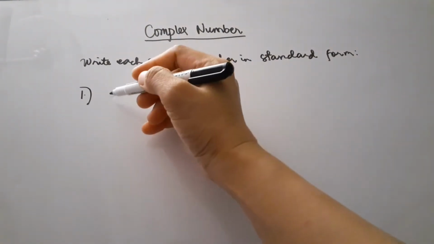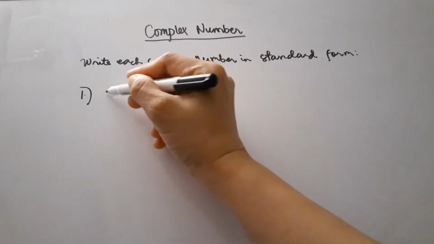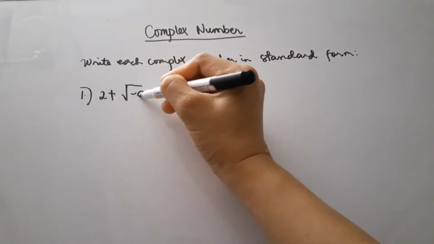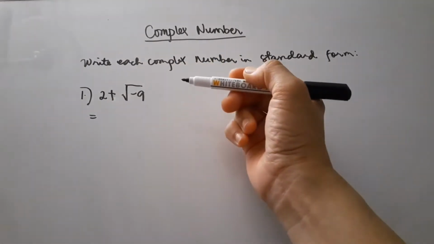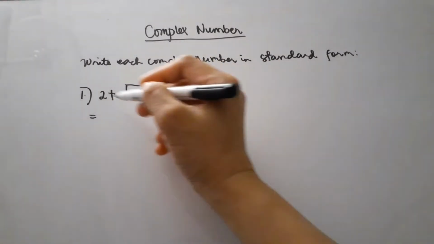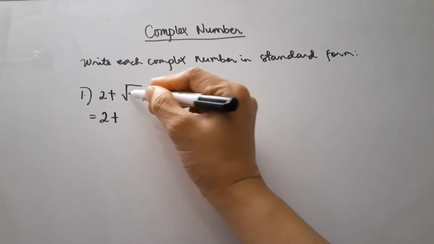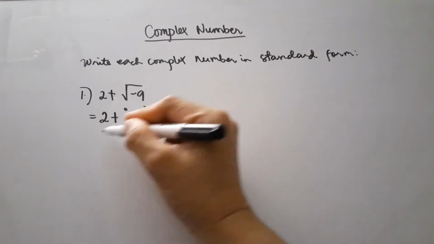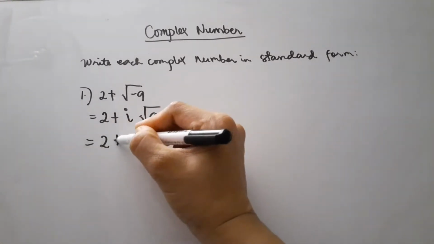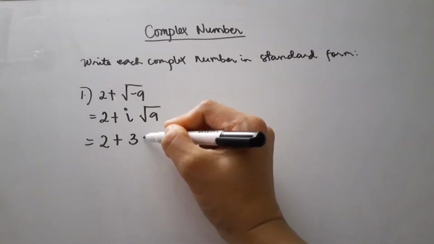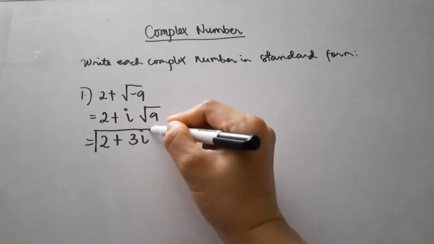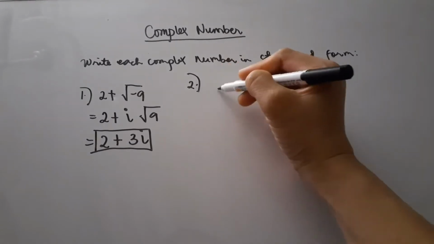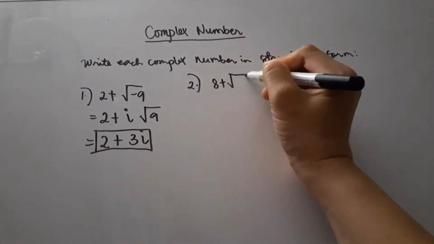Number 1: write each complex number in standard form. We have 2 plus the square root of negative 9, where the negative we can replace with the imaginary unit i. So we have 2 plus i times the square root of 9, and the answer is 2 plus 3i.